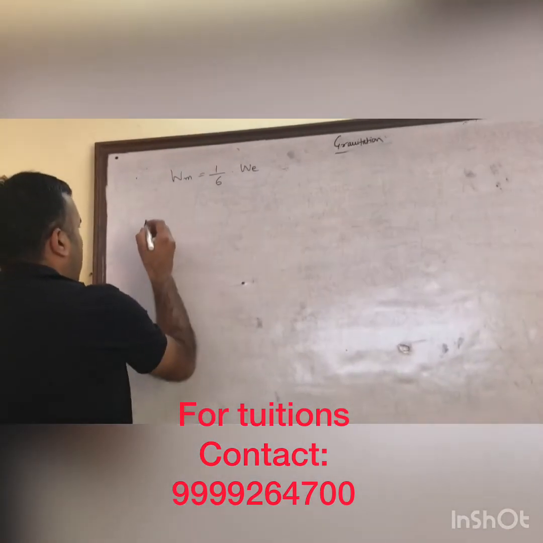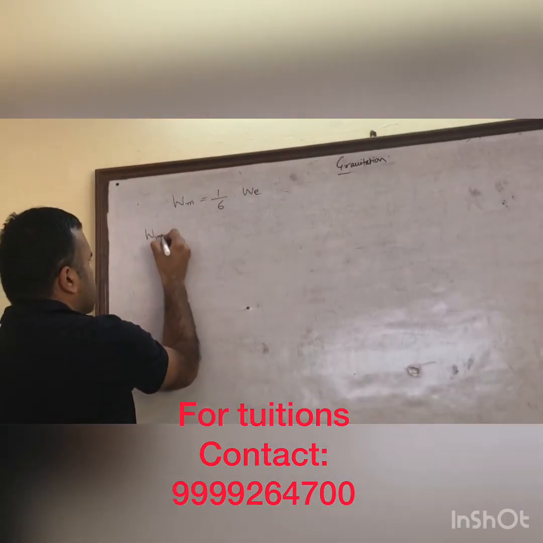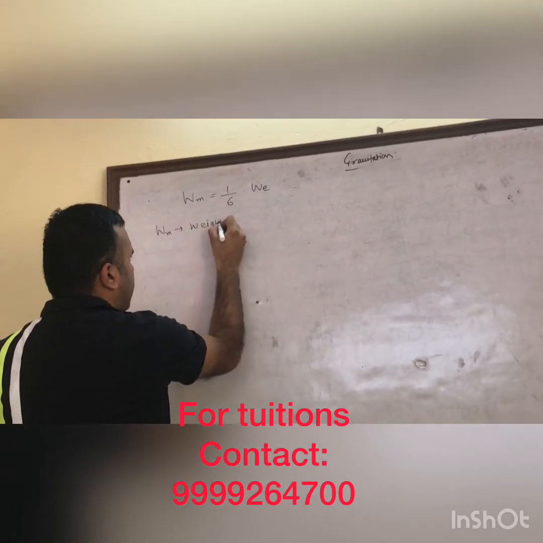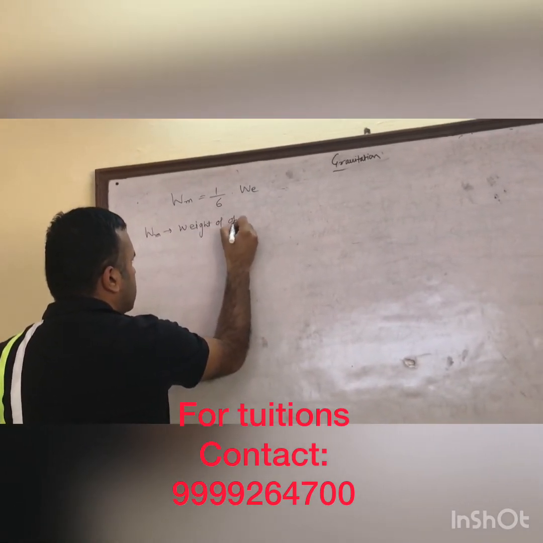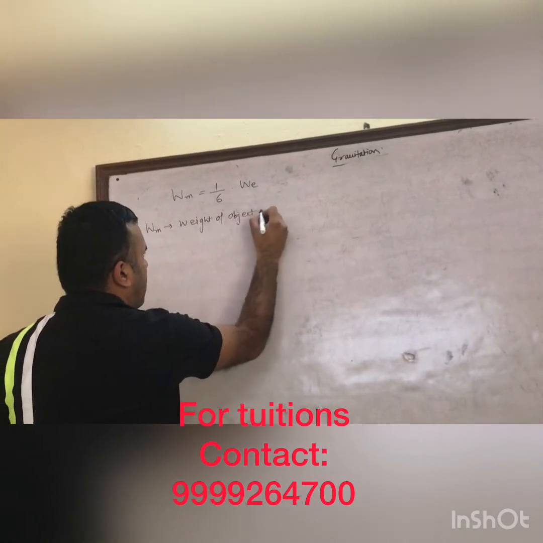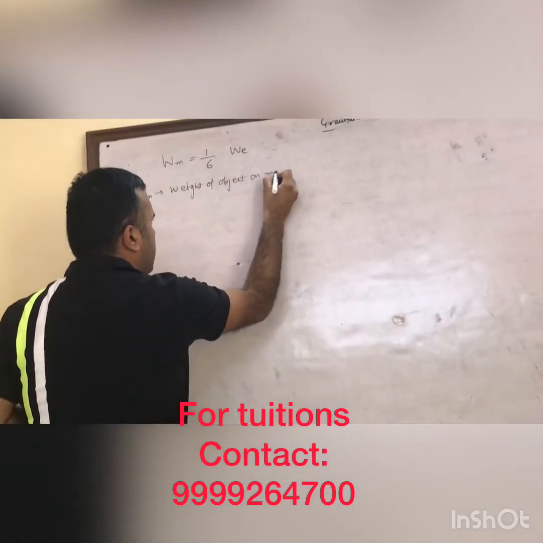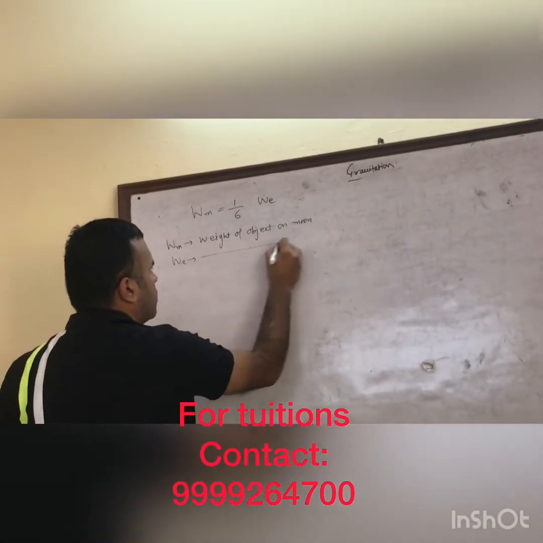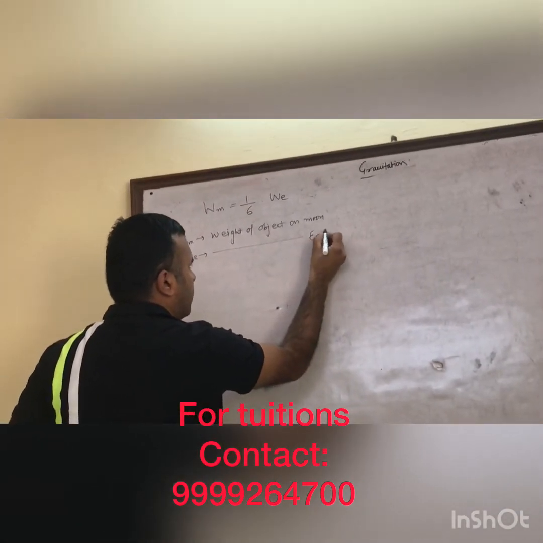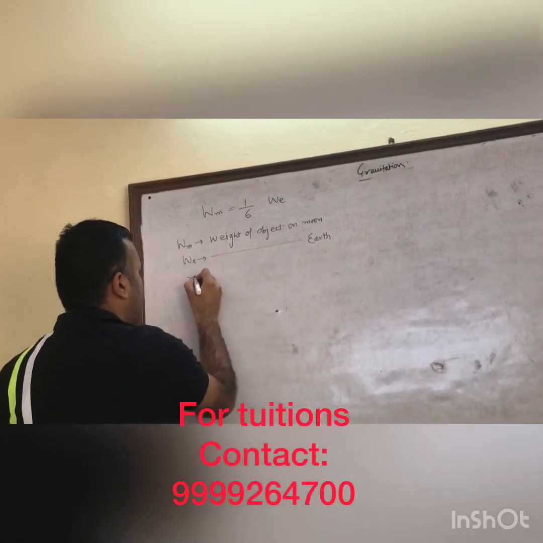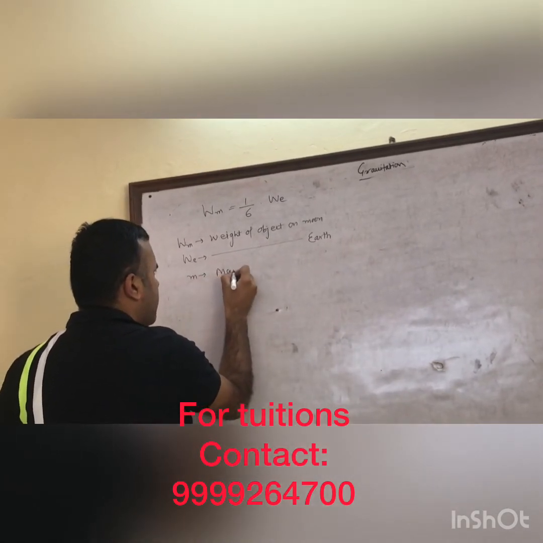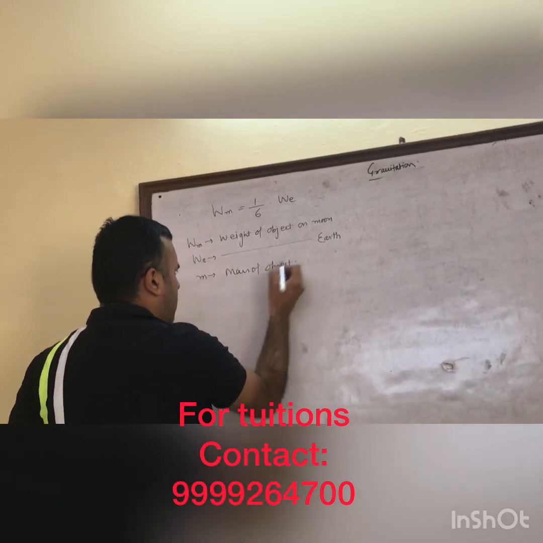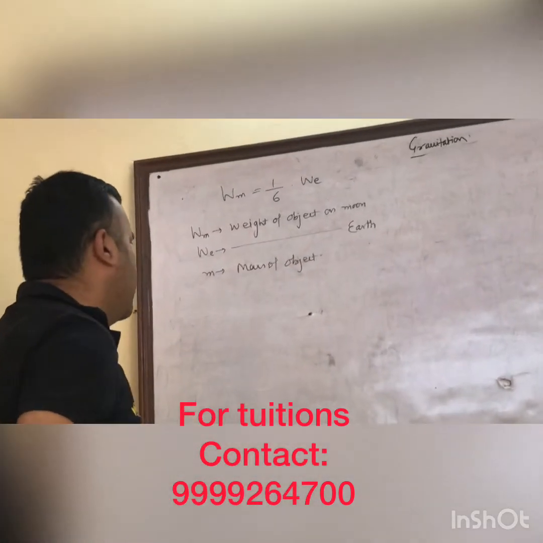But first of all, we should know all the things. Wm denotes weight of object on moon. We denotes weight of object on earth. Small m denotes mass of object, and it is fixed everywhere, on all the planets.